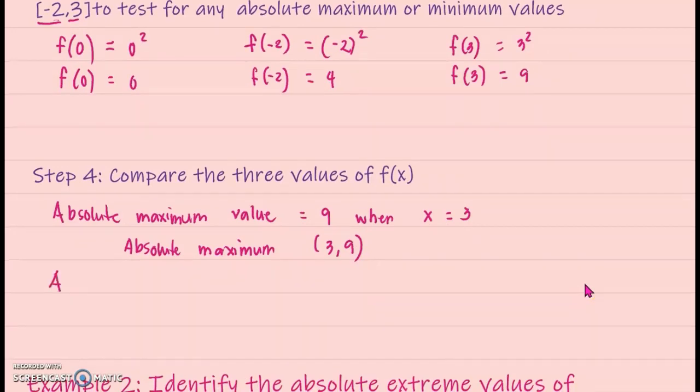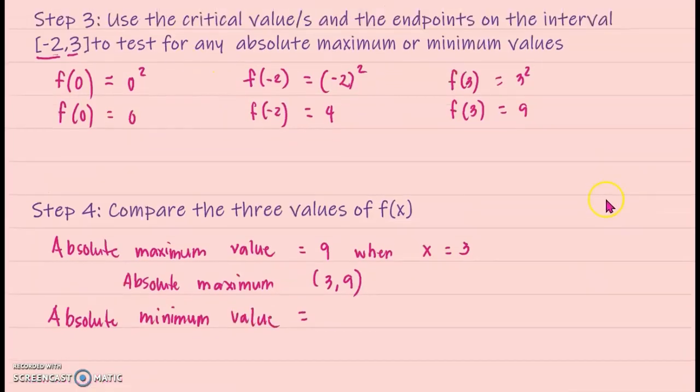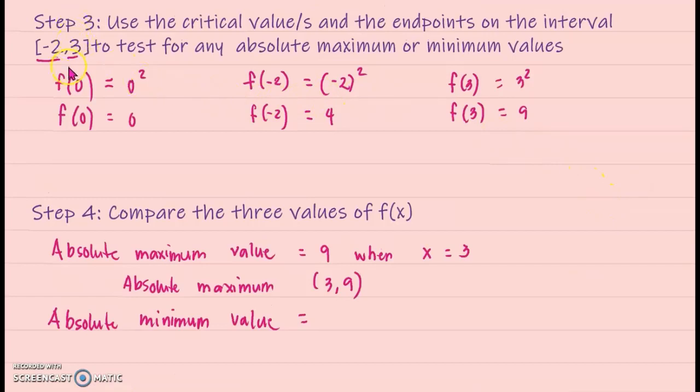And for the absolute minimum value, go back to your results in step 3, and find which value of f of x is the smallest value. So we have here 0. So your absolute minimum value is 0.